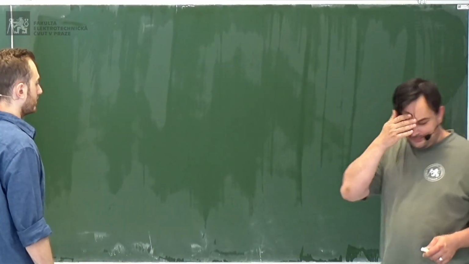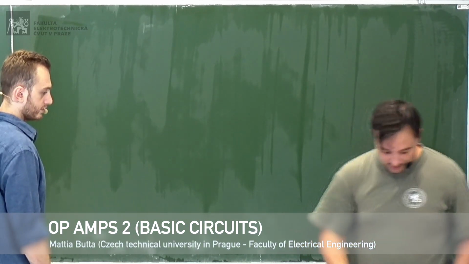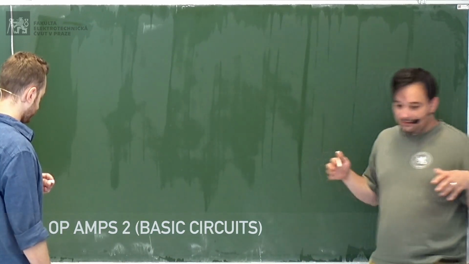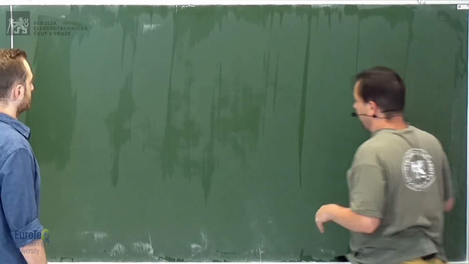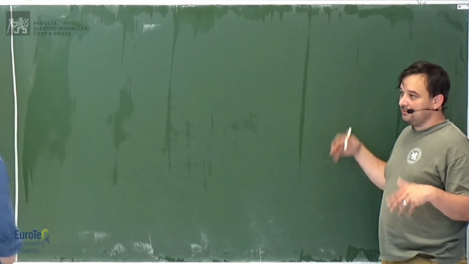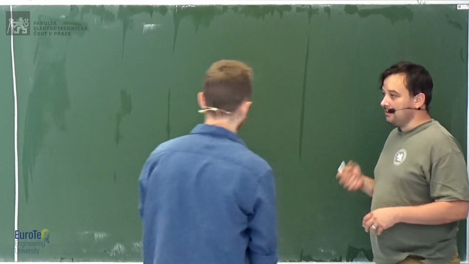Okay, so we have already seen how the operational amplifier works. So now we just know that it tries to do everything to have the difference of voltages between the positive and the negative input be 0, okay?